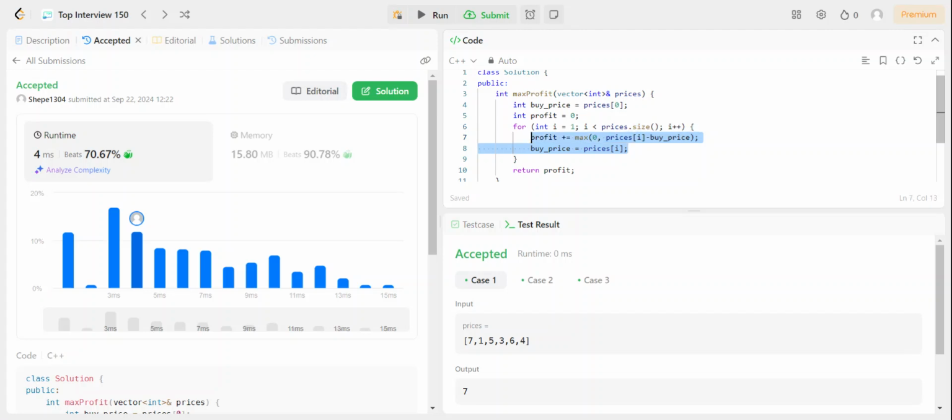So we can just say profit equals profit plus the maximum of zero and prices[i] minus prices[i-1], which is our previous buy price. And we don't need this anymore.